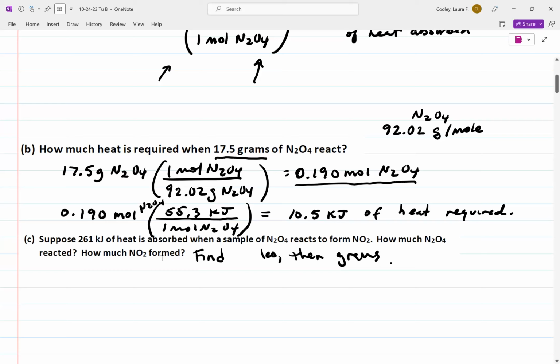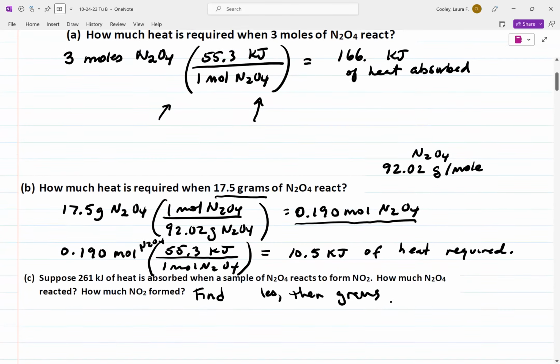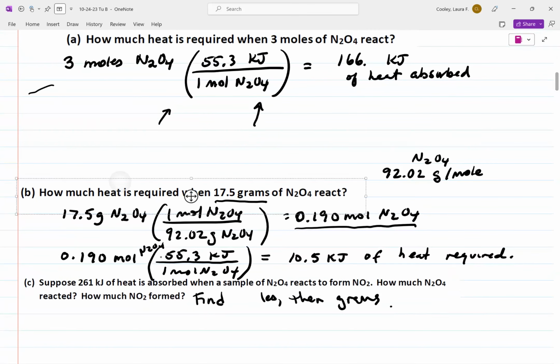So anyway, this is exactly what we did before. Did you understand this part here? We're figuring out how many moles of a reactant. We know that per mole of reactant, we have this much heat. The only difference with this problem is we started with grams, and you've been converting grams to moles for weeks now, so that shouldn't be too bad.